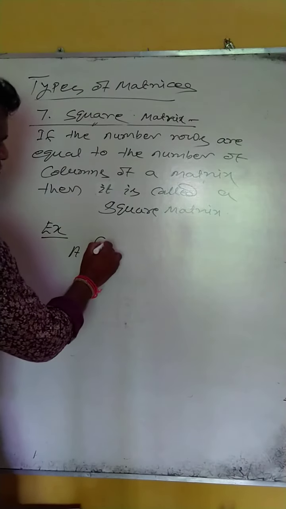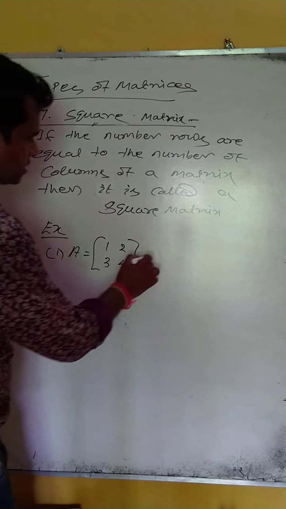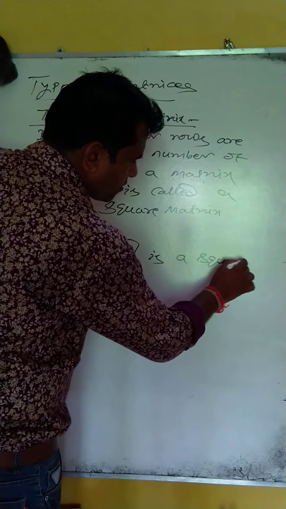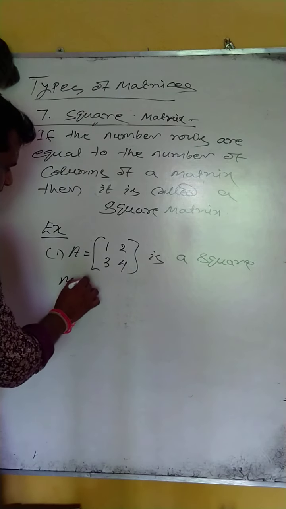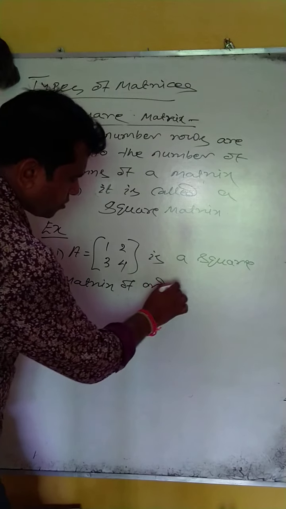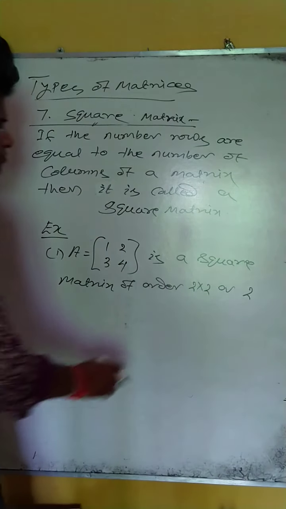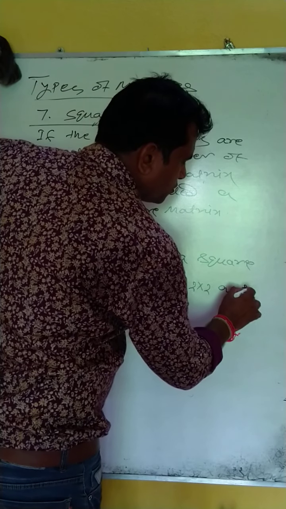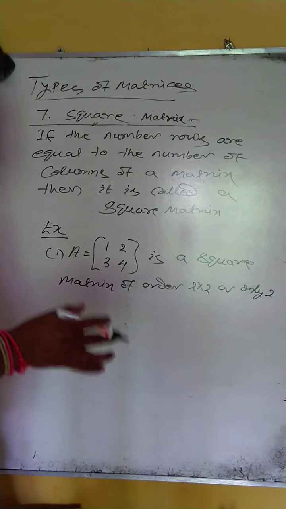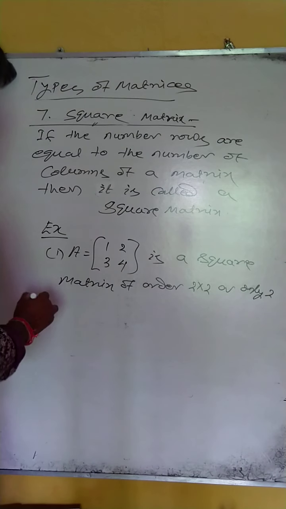Now take some examples. A is equal to 1 2 3 4 is a square matrix of order 2 cross 2, or only 2. That means a square matrix has an equal number of rows and columns.